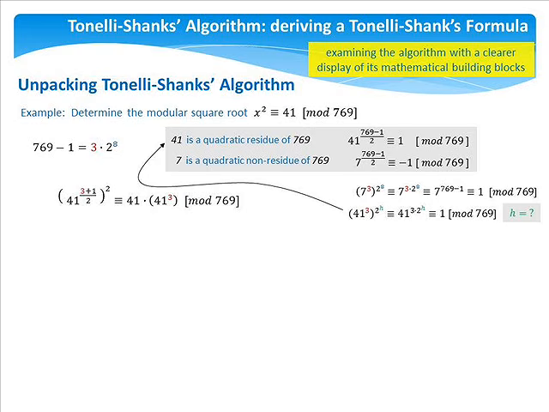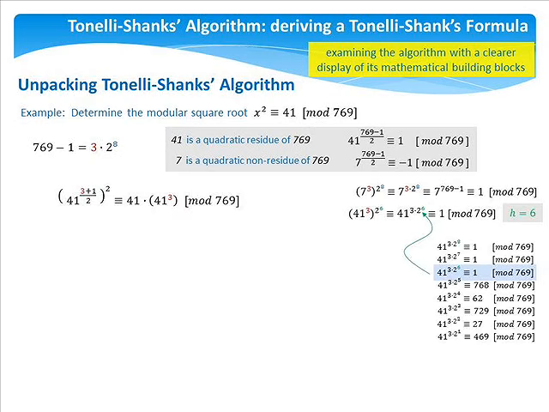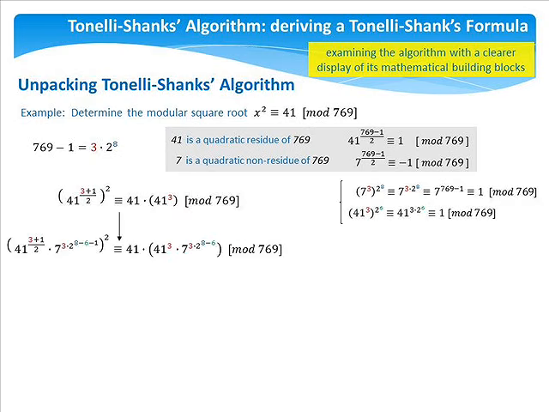And here we need to check a short list of values as h is smaller than k. We find out that h equals 6, and so we can apply 7 raised to 3 raised to 2 raised to 8 minus 6 on both sides of the congruence. We check that 41 raised to 3 times the value we just applied is not congruent to 1 modulo 769, so we need to square again.